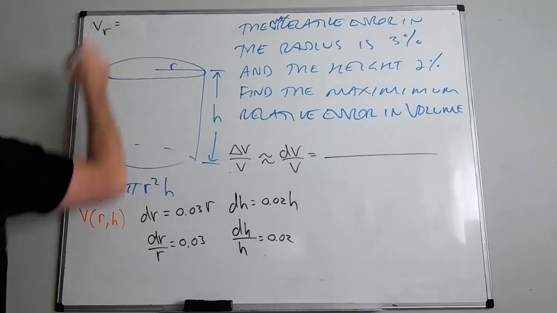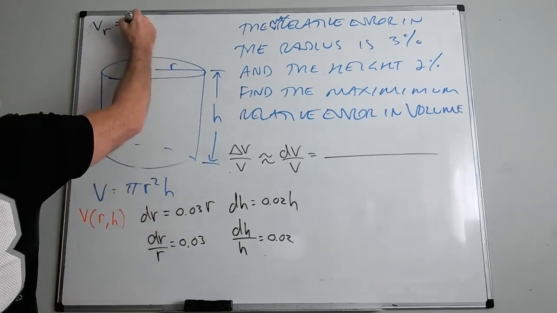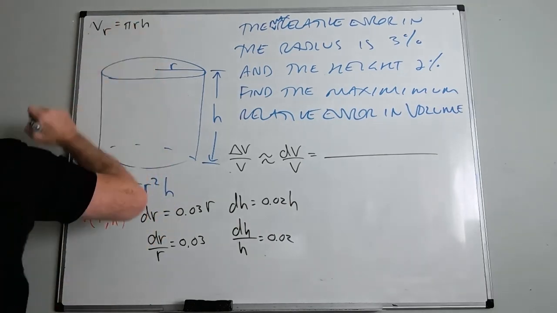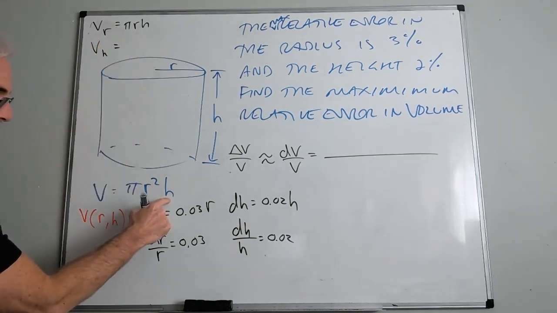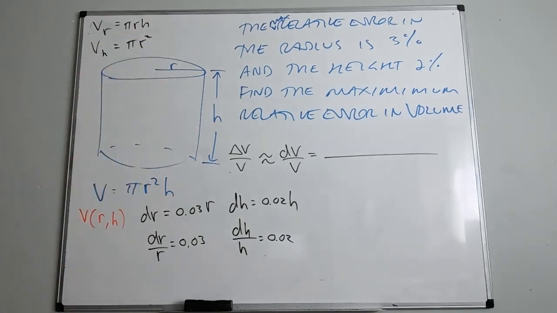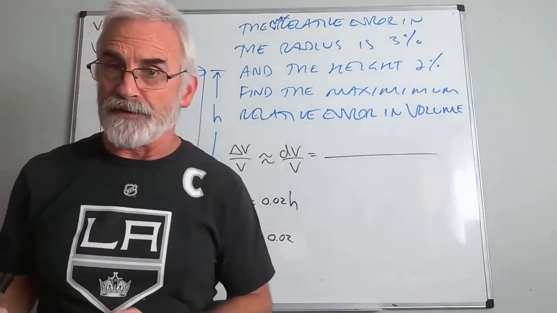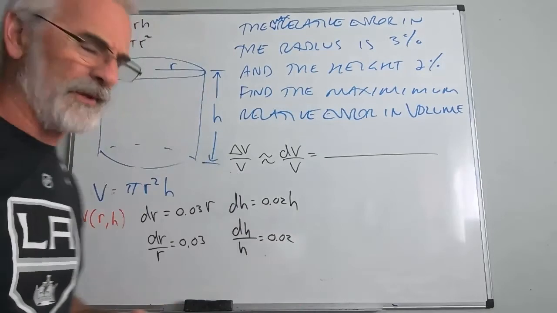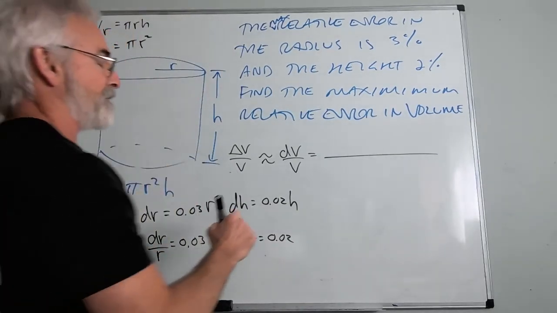The partial of V with respect to r is going to be 2 pi r h. The partial of V with respect to h is going to be just pi r squared. Okay, those are easy. Generally, in any geometric shape, the partial derivatives should be easy because they're not complicated. So with that, I'm ready to answer this question.